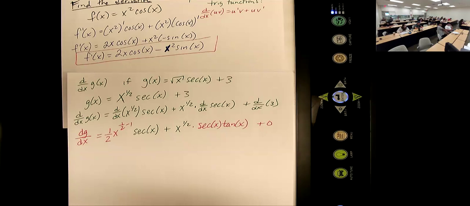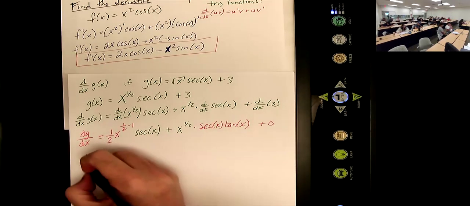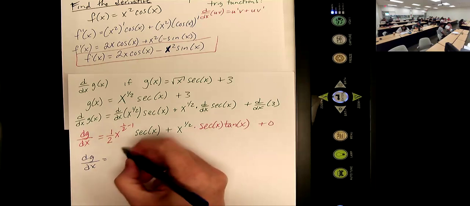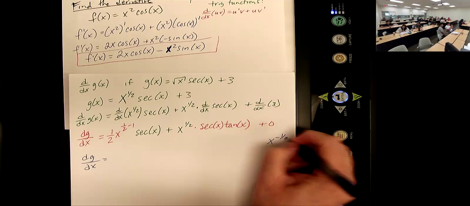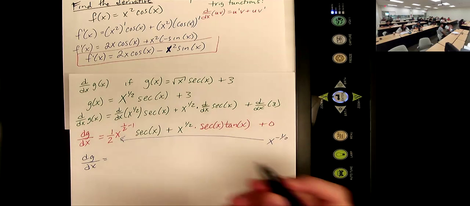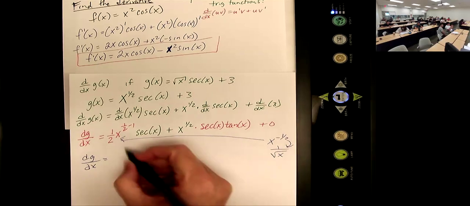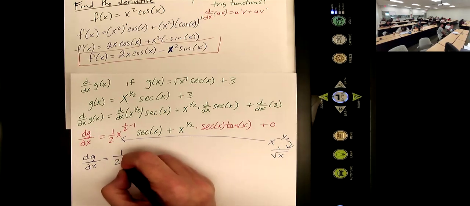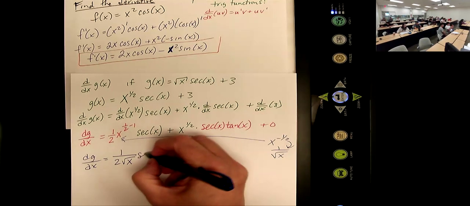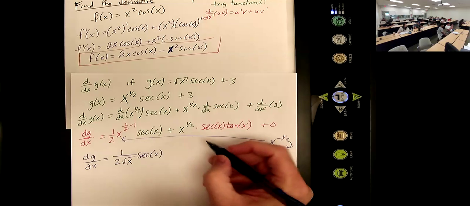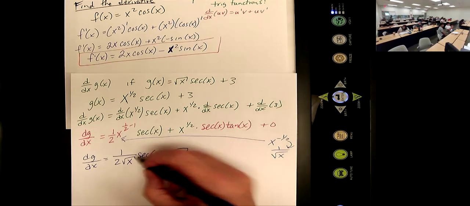Alright, so we got dg/dx is 1/2 times x to the negative 1/2 when we're done, and that is the same thing as 1 over square root of x. So this ends up being 1 over 2 root x, times secant x, plus, I'm gonna go back to the square root notation since that's what we started with.